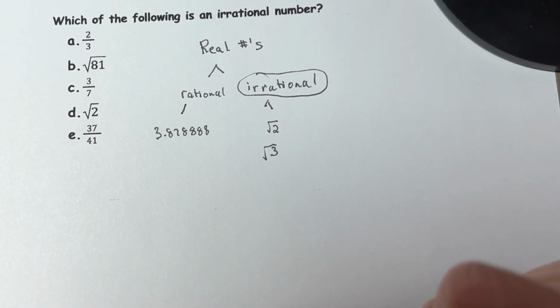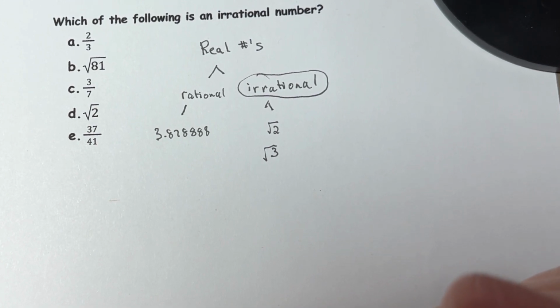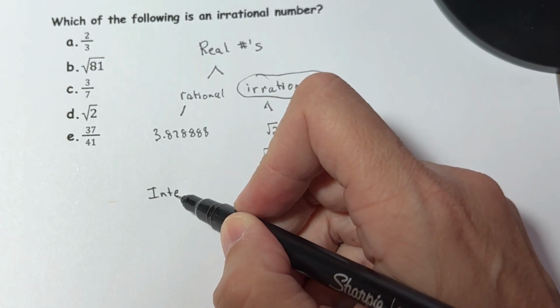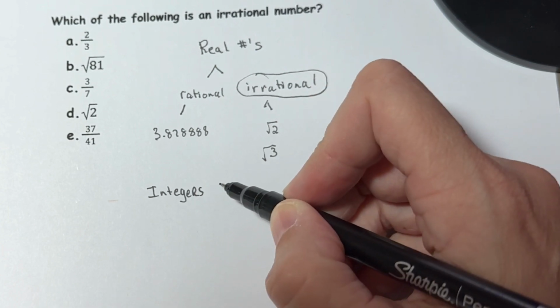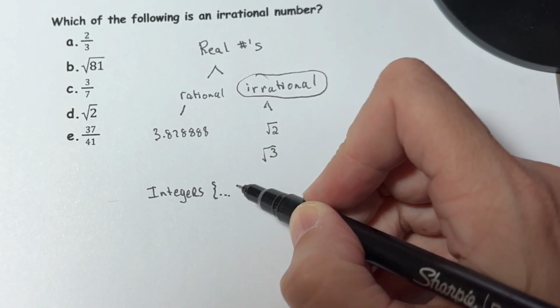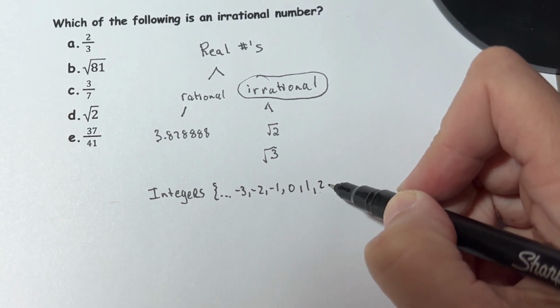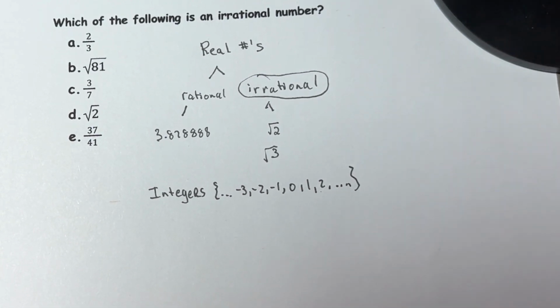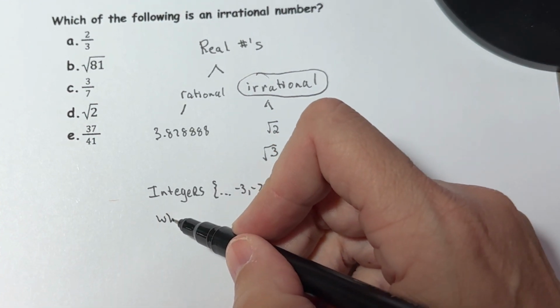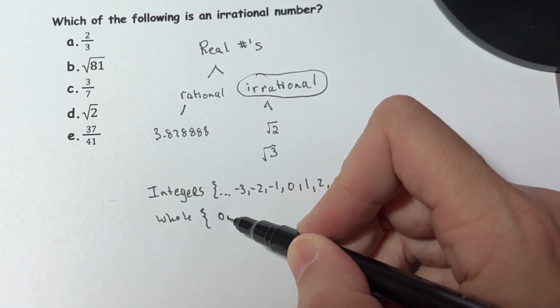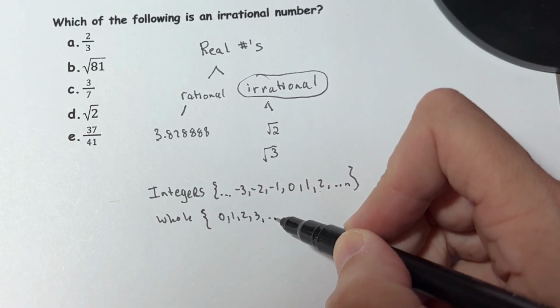Now, when I look at my answers, if you are able to simplify the fraction to an integer over an integer, it is definitely rational. Your integers are all your numbers that aren't decimals: ... -3, -2, -1, 0, 1, 2, ... Your whole numbers start with 0: 0, 1, 2, 3, and so on.